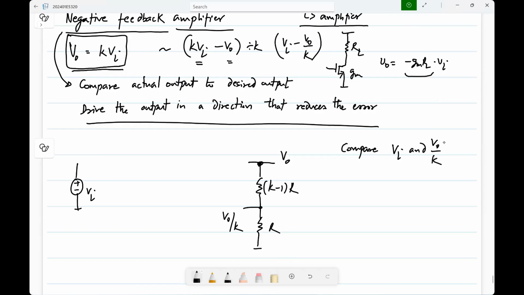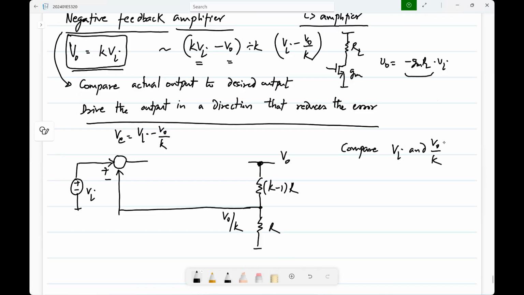So now we compare, that means we take the difference between these two and we get some error voltage, which is Vi minus V naught by K. Now what should happen to V naught? How should V naught change with VE?